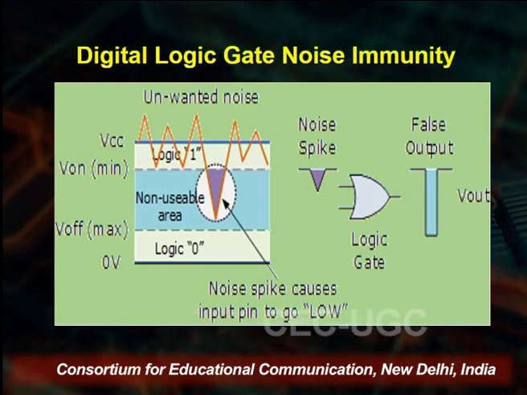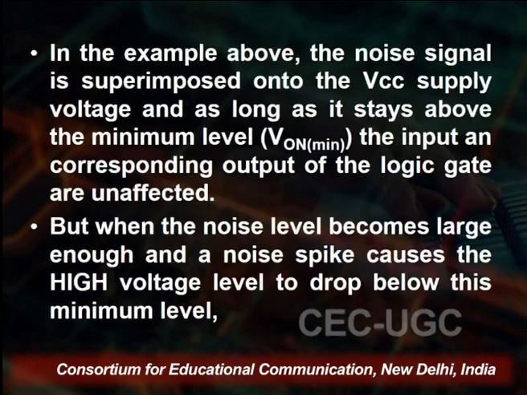You see here in the diagram that this is the noise we are having in the XOR gate. So, how will we tackle this noise? In the example, this noise signal is superimposed onto the VCC voltage supply, and as long as it stays above the minimum level, that is the V on minimum, the output of the logic gate is unaffected.